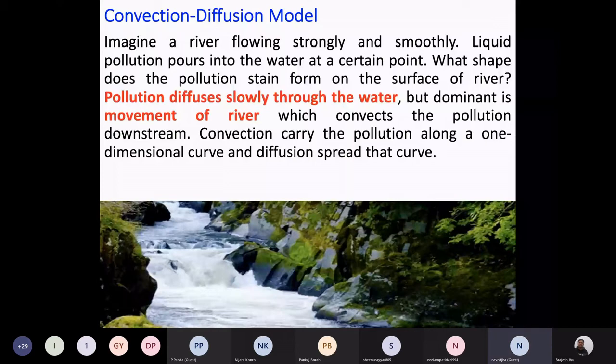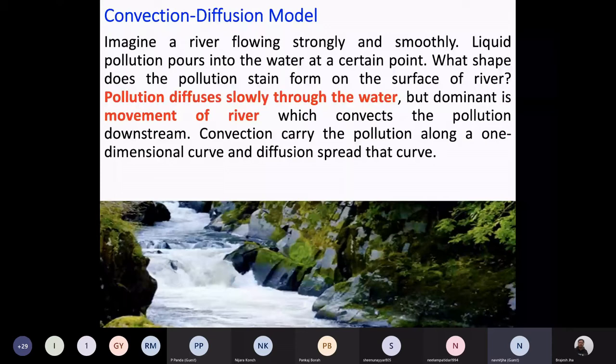So basically, convection carries the pollution, and diffusion spreads that. So more mathematically, when we are talking of one dimension, convection carries the pollution along a one dimensional curve and diffusion spreads that curve. All right. Now, this is the physics.